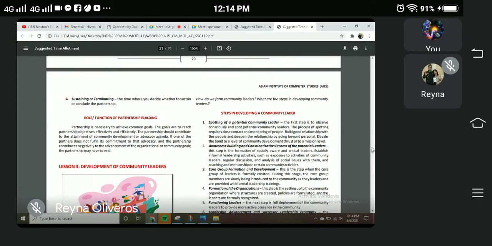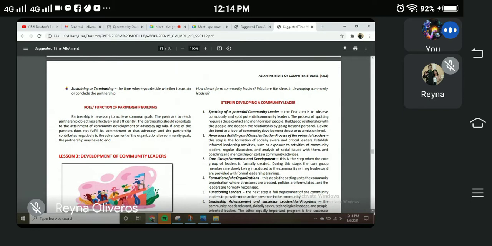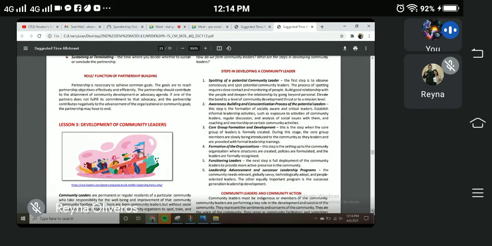Okay? So dito naman tayo sa lesson number 3. Lesson number 3 title is the development of community leaders. So, as you can see here in an illustration, it shows that there is someone who takes a lead, okay, from the people. No?